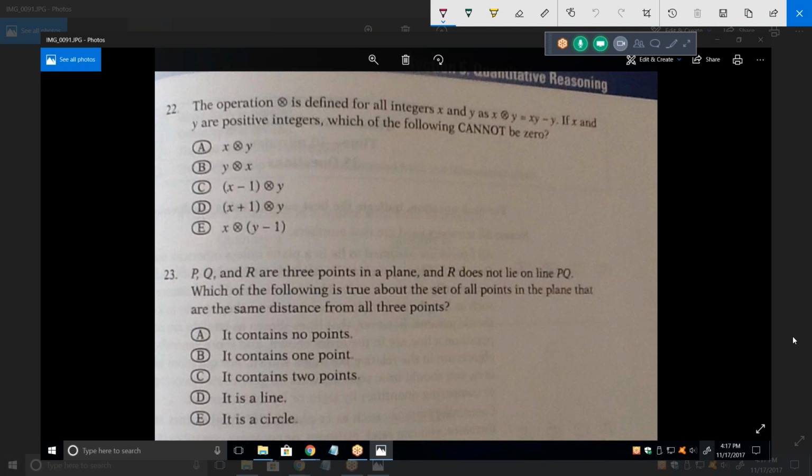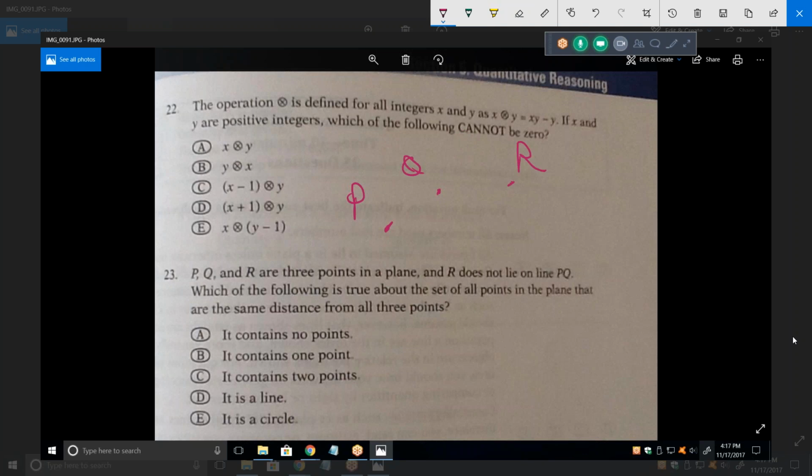Okay, so I have 3 points, P, Q, and R. That's the only way I know they cannot lie, because that would be on a straight line. These are 3 points in a plane, and R does not lie on line PQ. So R is somewhere off the line like that.